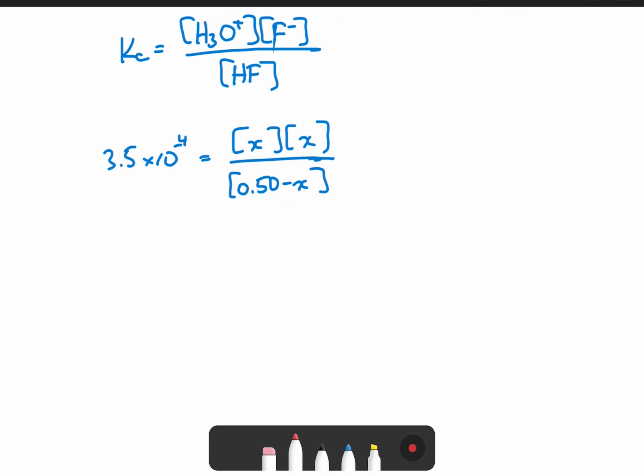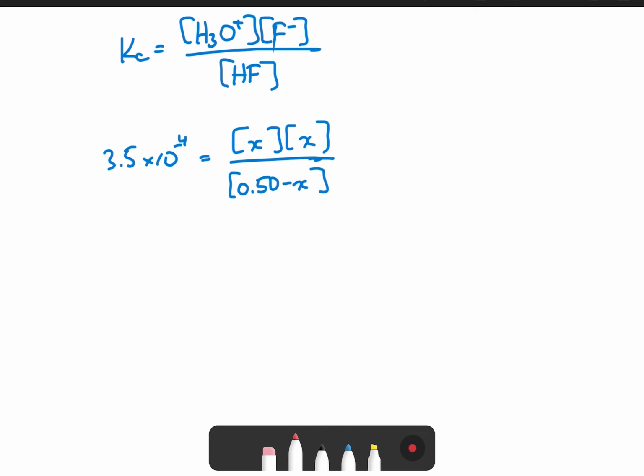If we know that the H3O plus, this number here, is going to be much less than 0.50 molar, then 0.50 minus X is going to be approximately just 0.50. If X is infinitely small, this 0.50 is not going to change very much.